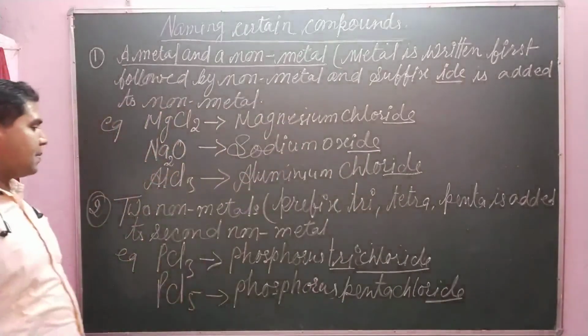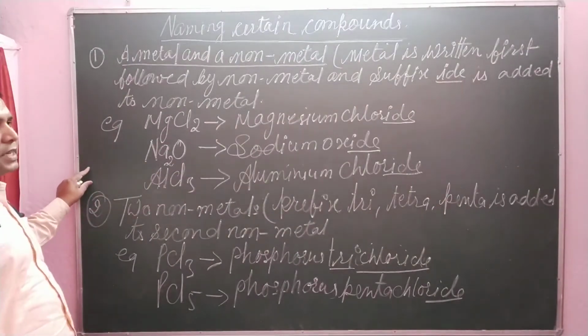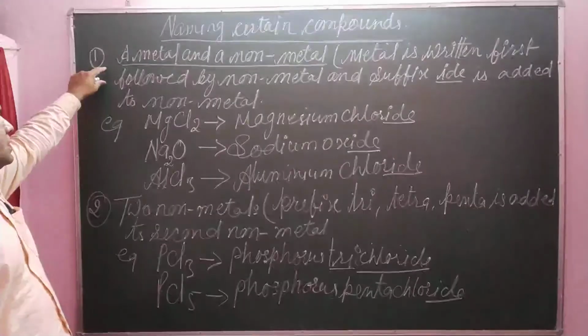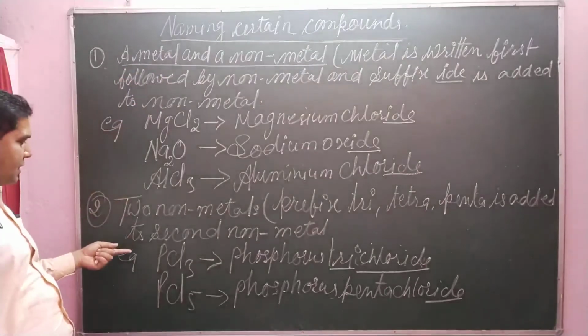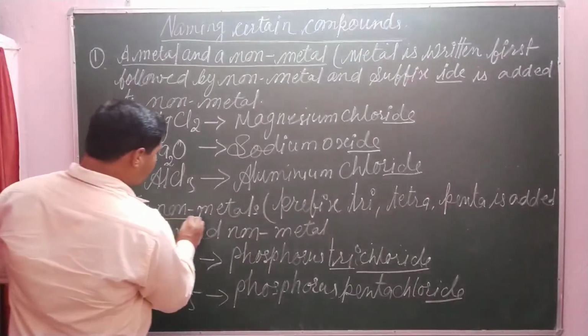So dear student, this way we came to know the two rules of how to name a compound. First, a compound which consists of a metal and a non-metal. Second, a compound which consists of two non-metals.